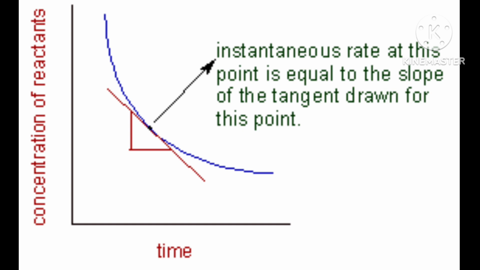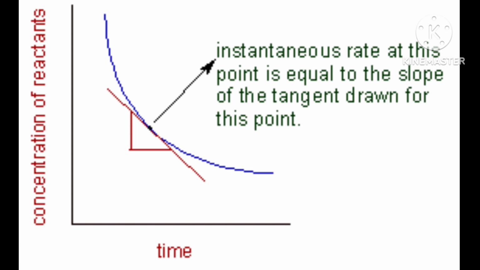Then concentration divided by time. Time will be the same everywhere. And that will be plus. The other product is the same way. Then the rate will be equal for all four, for the reactant side both and for the product side both. The rate of the reaction will be the same.